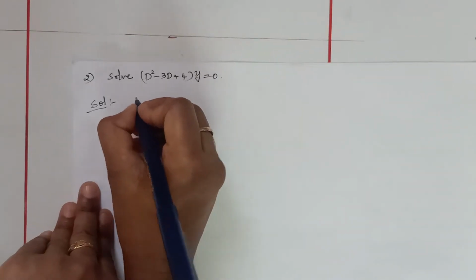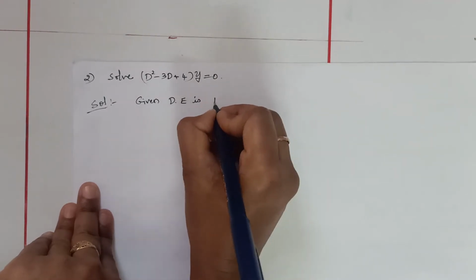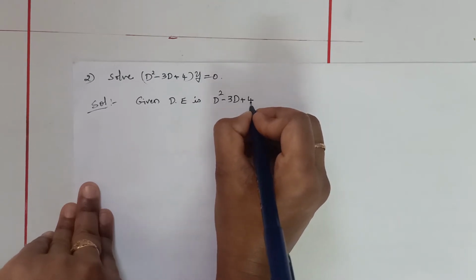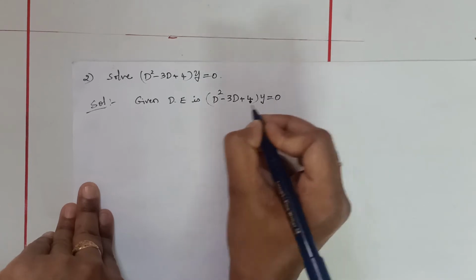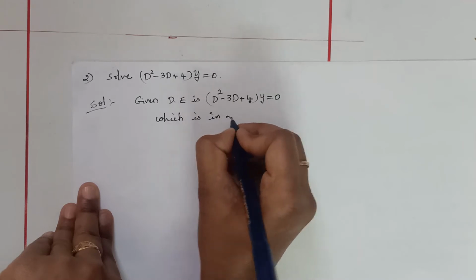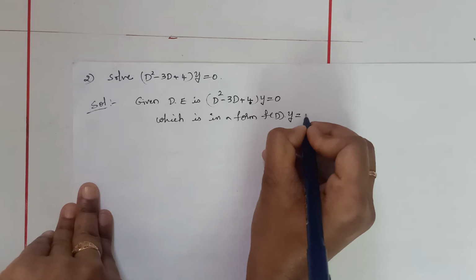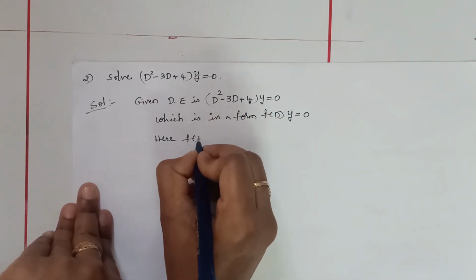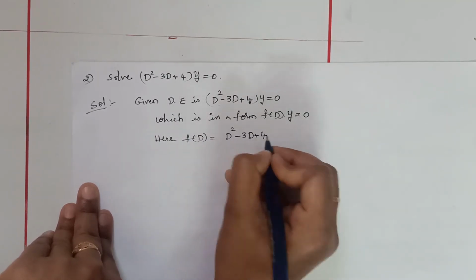The given differential equation is d square minus 3d plus 4 into y is equal to 0, which is in the form of f of d into y is equal to 0. Here f of d is d square minus 3d plus 4.